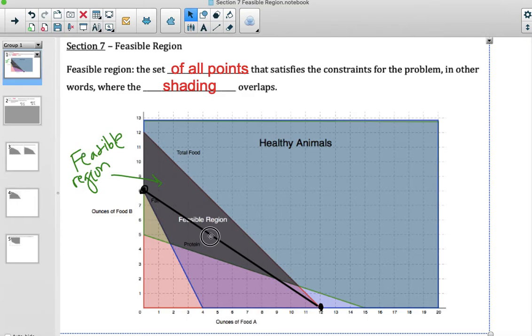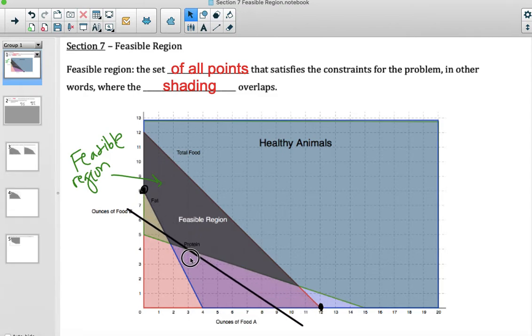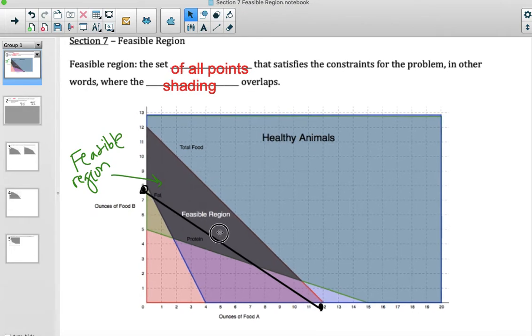Well, I would simply slide this line down the graph, and I would know that this corner that I just touched would be the cheapest corner. If I wanted the most expensive combination, I would slide my line up the graph.